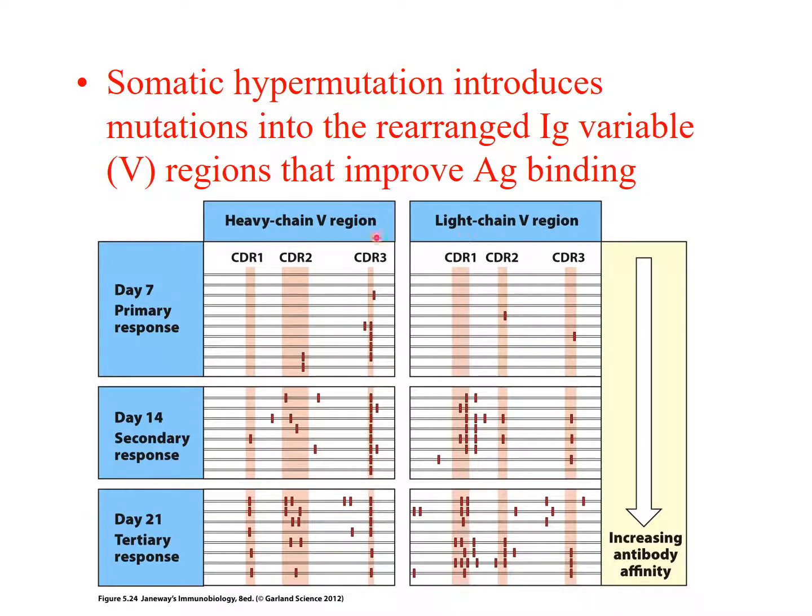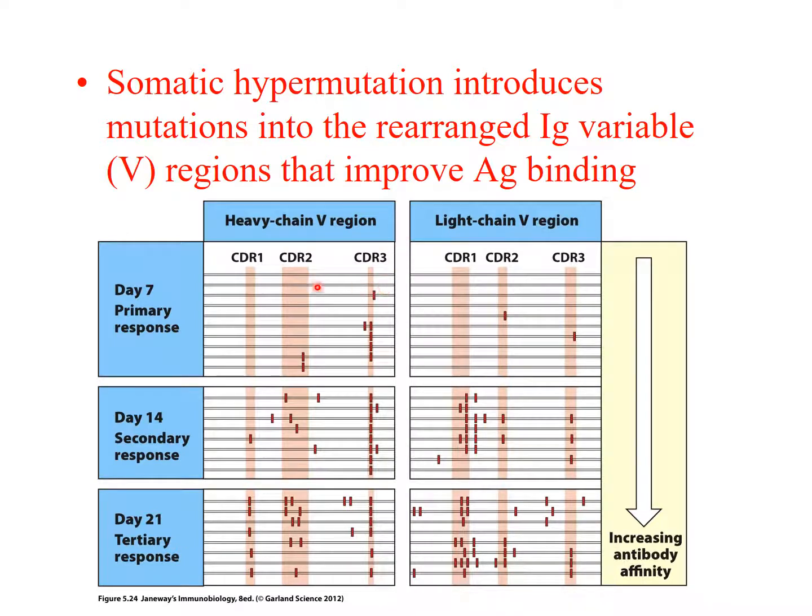Very little antibody is made, and most of it is going to be IgM. Then as it goes, class switching from M to something else occurs, along with the mutations in the variable regions. CDR1, CDR2, CDR3 are hypermutation regions that begin to accumulate in week 1, week 2, week 3 of our antibody response.